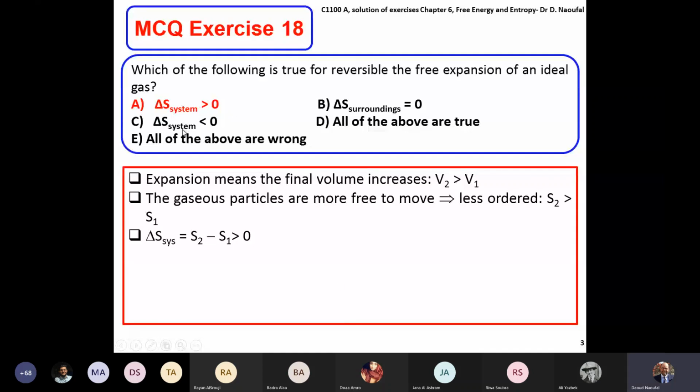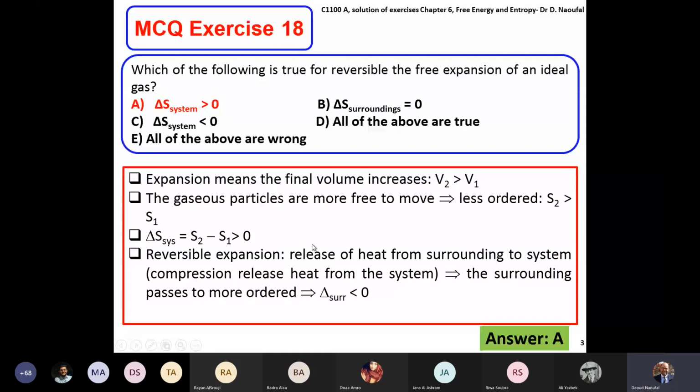Now we pass to another statement. What would happen to delta S of the surrounding, to see if the answer B is correct or false. We know that during a reversible expansion, the heat is released from the surrounding to the system. Why?